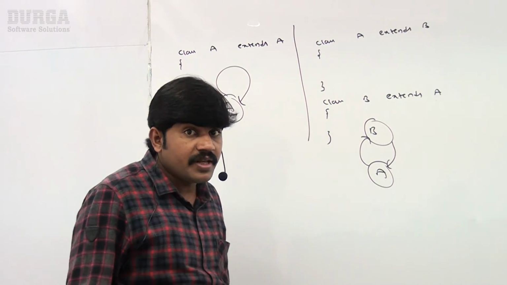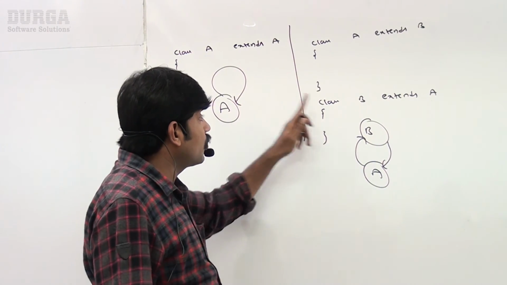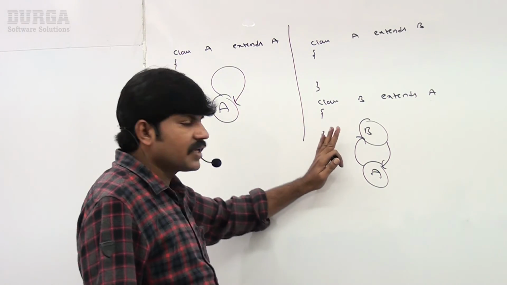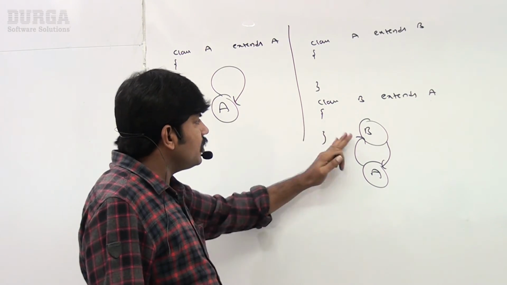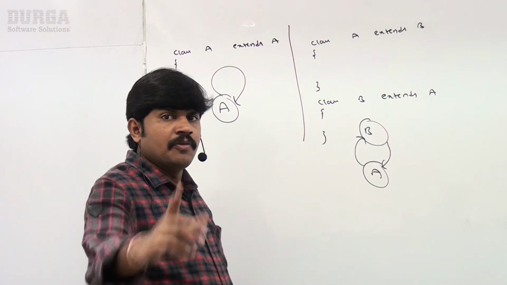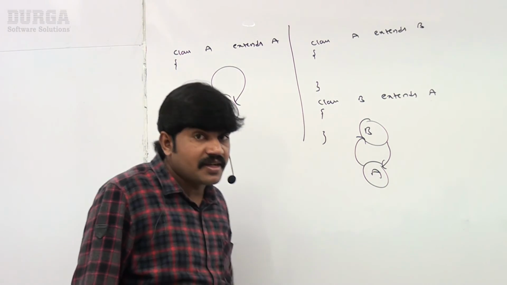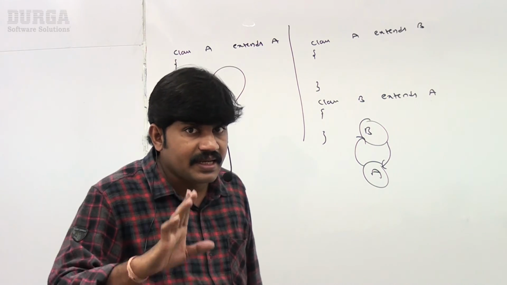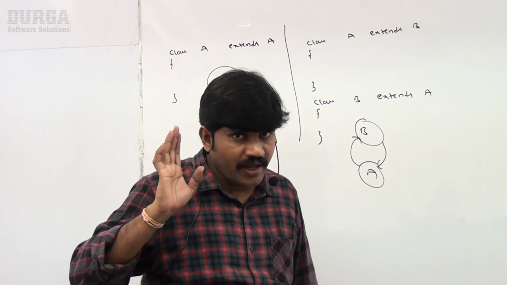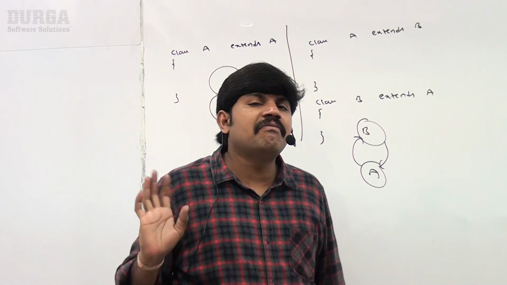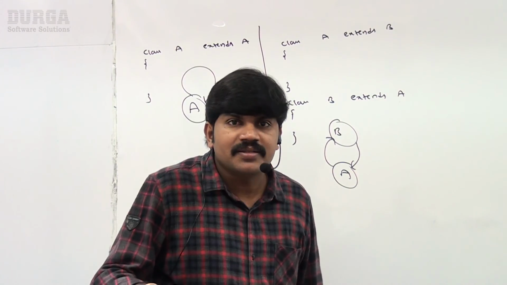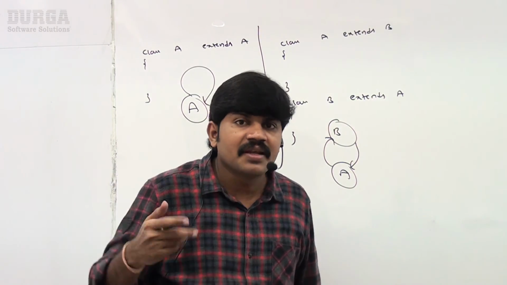Now take very special care about this terminology. Sir, in this case, if I try either the first one or the second one, the compiler will give an error, because this type of inheritance is called cyclic inheritance, which is not supported in Java. Not only in Java, sir, everywhere cyclic inheritance is not supported, because it is really not required.